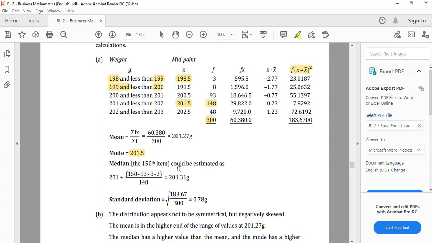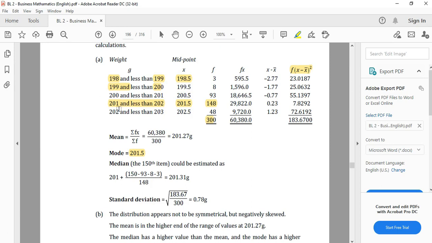So the median of the grouped frequency, we learned, can be established only by an algorithm. Even though we get the value by a graph, we can incorporate a formula. Of course, we identified that the median class is 201 to 202.